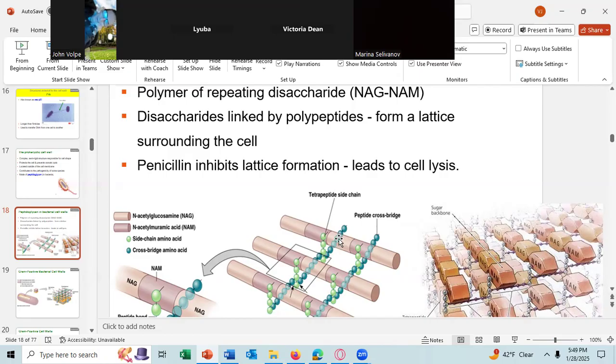You can know them by the full name or by NAG and NAM, it doesn't matter. I don't care which one you know, but you should know one or the other. NAG and NAM are a disaccharide linked by a covalent bond holding them together, as well as a peptide bond. We'll talk about the peptide bond in just a minute.